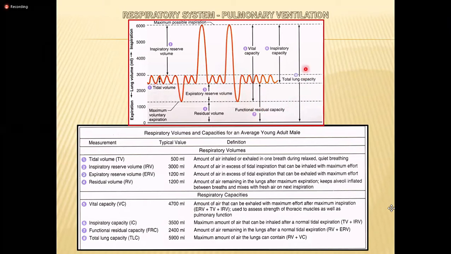Your total lung capacity involves everything: your inspiratory reserve volume, your tidal volume, your expiratory reserve volume, and your residual volume. Remember, residual volume cannot be determined by spirometry.